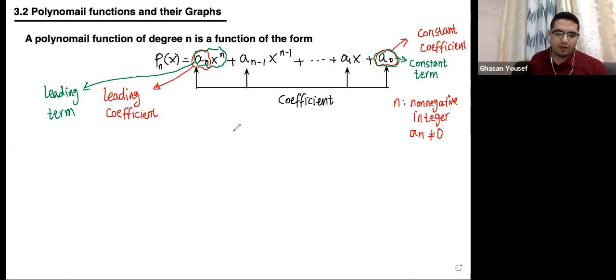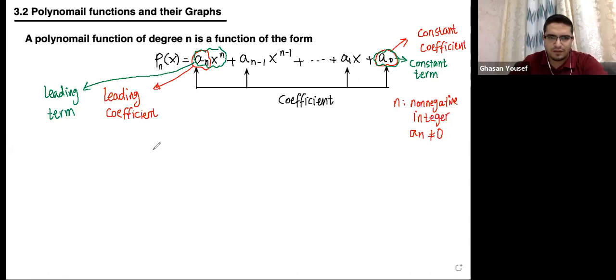Now we have to know how the graphs of the basic polynomials look. This is just a review. Before we go to the graphs, any questions for this? Or is this clear? I'm going to give you an example before we go over the graph.